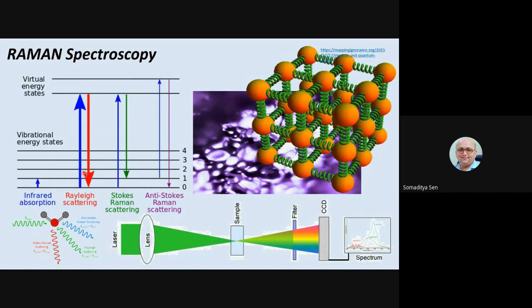In Raman spectroscopy, what happens? We excite the states to a higher virtual energy state. So there are no states in actuality here. We have excited this state to the higher energy state and allowed a transition to the same ground state or to a different excited state.